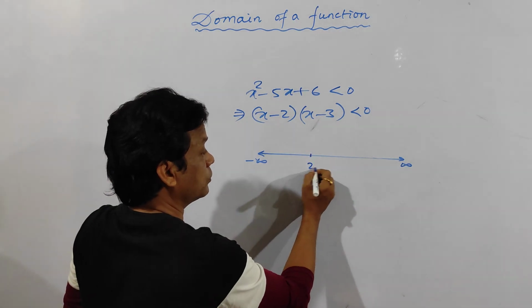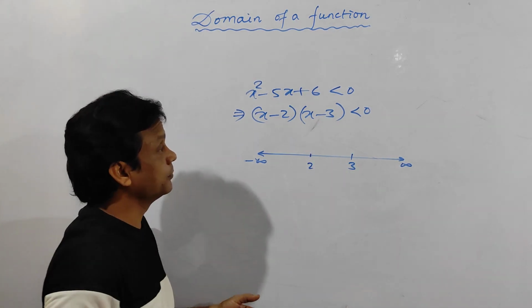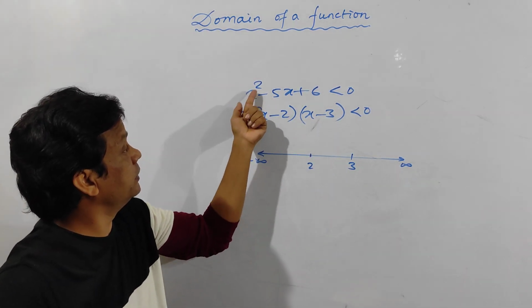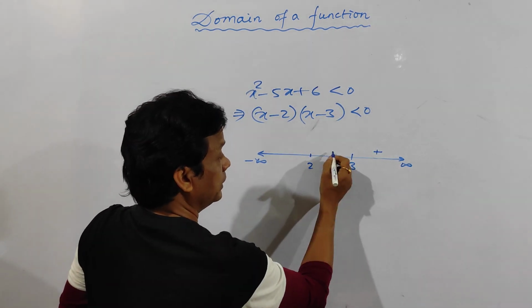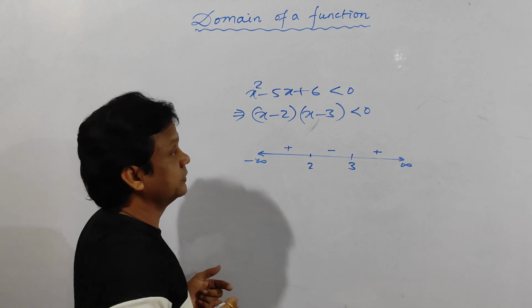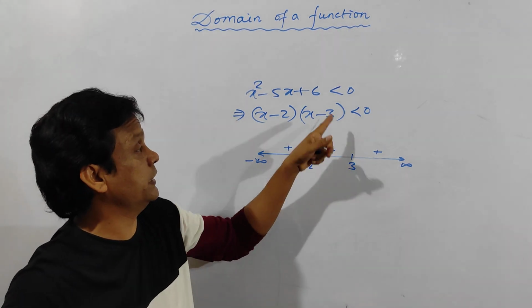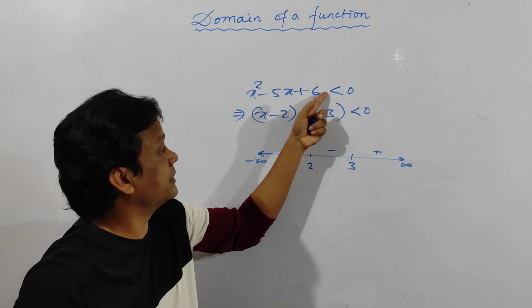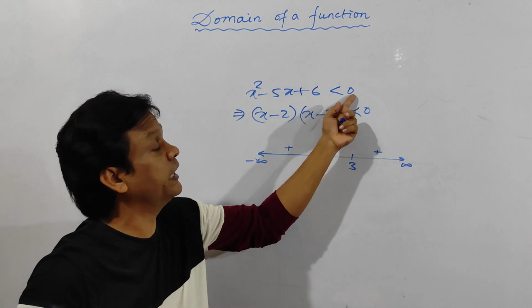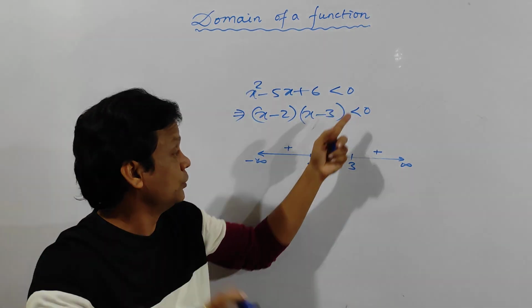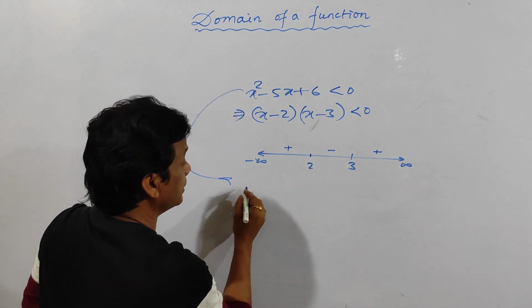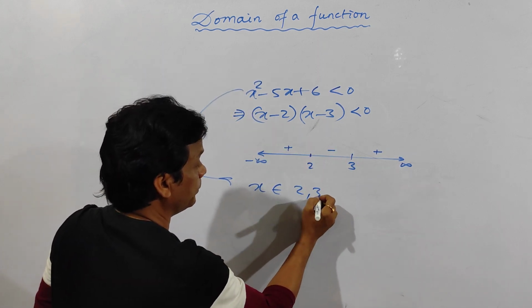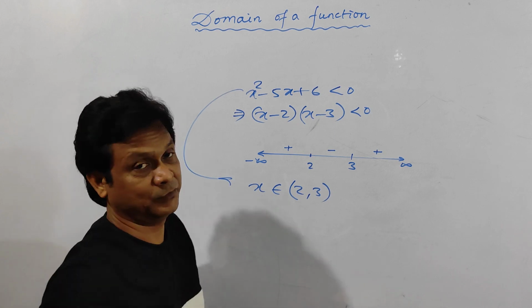So this is 2, this is 3. Clear? And here, the sign of x square is positive. So put positive here, here it is negative, here it is positive. And your question is for which value of x this expression will be negative. Less than 0 means negative. So negative means in between these. So the answer is x belongs to the open interval (2, 3). This is your answer.